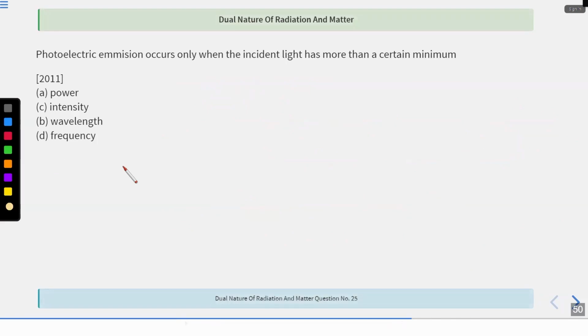Moving on to the next question. Photoelectric emission occurs only when the incident light has more than a certain minimum power, intensity, wavelength, frequency. This is a topic that we discussed in the previous session, wherein I told about the factors that affect photoelectric emission. And we know that for it to be minimum, it has to be our frequency, right? So basically, we know that it doesn't depend on intensity.